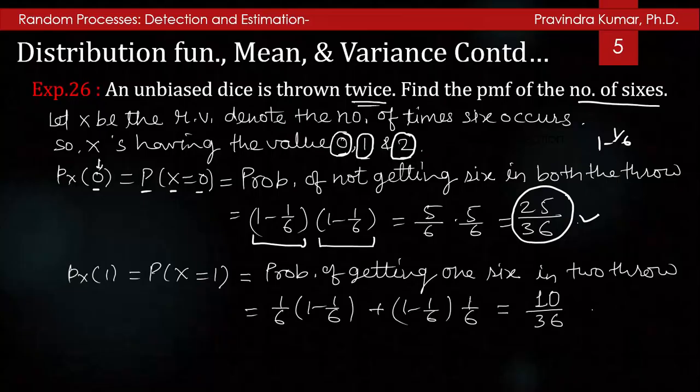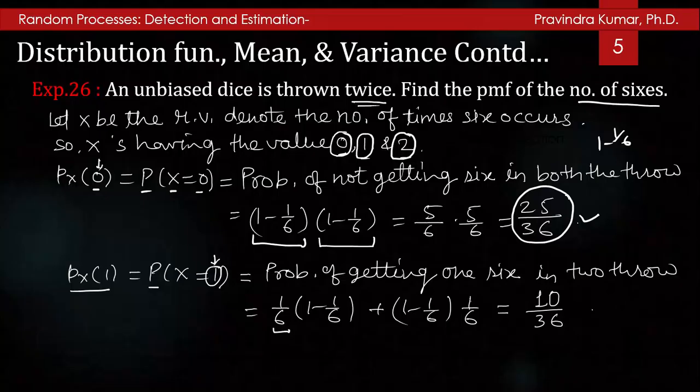And p_X(1) means the PMF at x equal to 1, or the probability that the random variable has the value 1. The meaning of this is the probability of getting one six in 2 throws. You can have the six in the first throw, or you can have the six in the second throw.